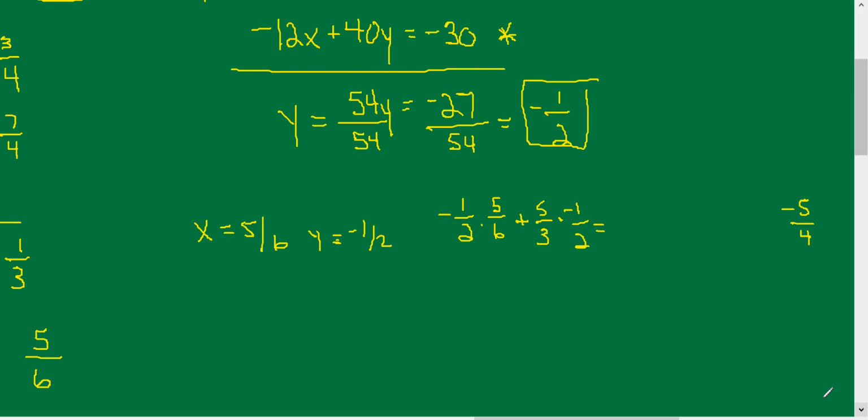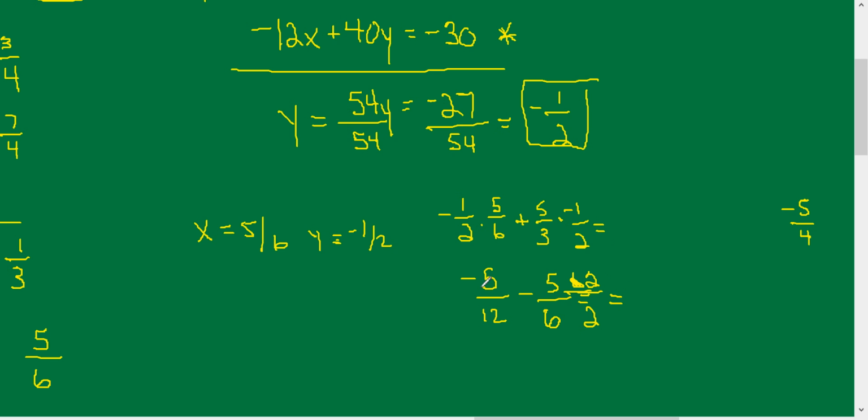So let's try it. Negative 1 times 5 is negative 5 over 2 times 6, which is 12. 5 times negative 1 is negative 5 over 3 times 2, which is 6. Okay, so I'm going to multiply top and bottom here by 2 over 2 to get my denominators to be the same.